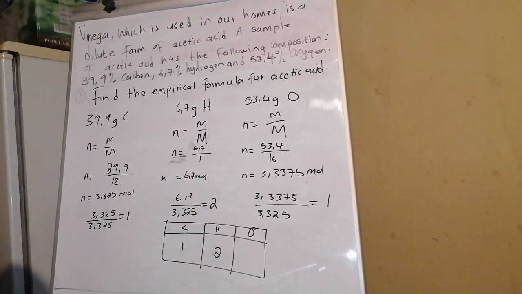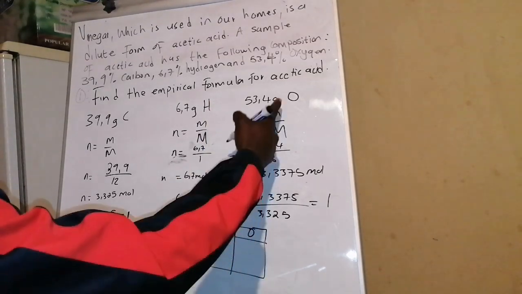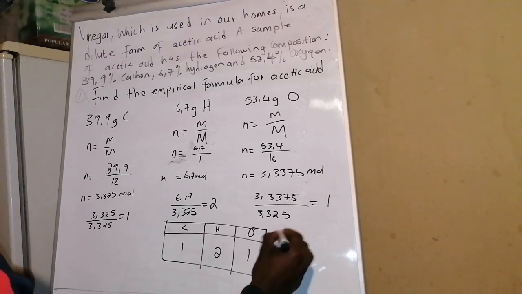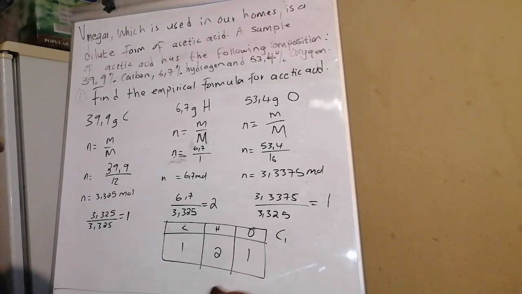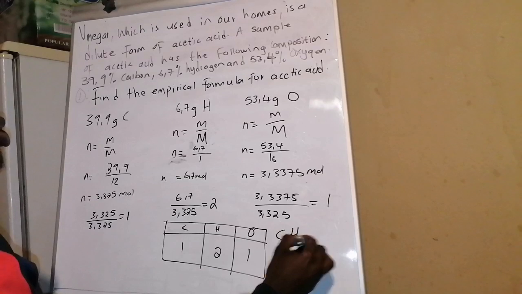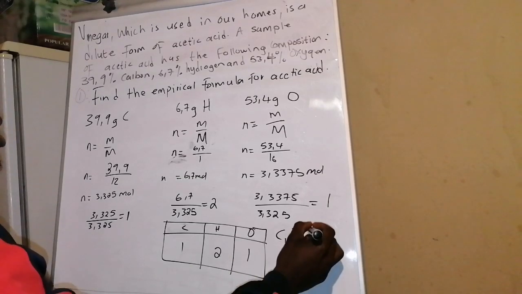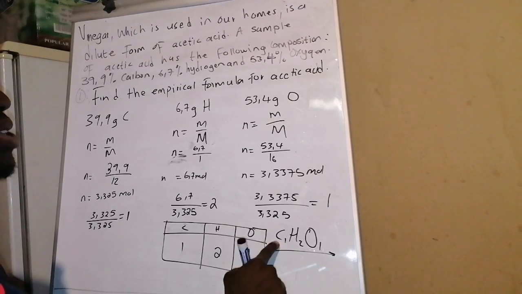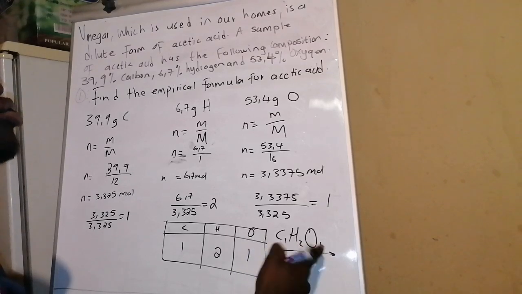That's the subscript for hydrogen. In oxygen we got 1. That's the subscript for oxygen. Therefore the empirical formula is C we got 1, H we got 2, and O we got 1. So this is the empirical formula for acetic acid. Or you can just say it's CH2O.